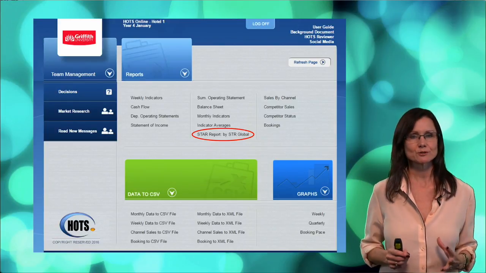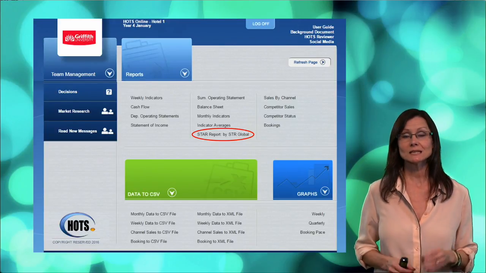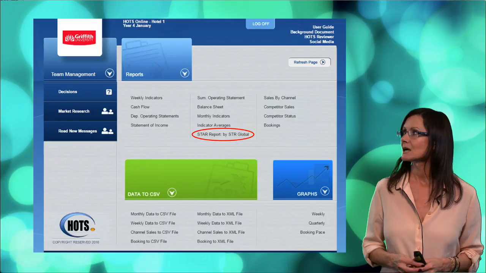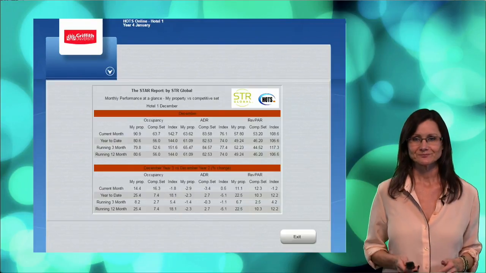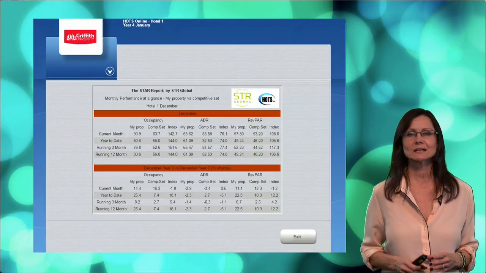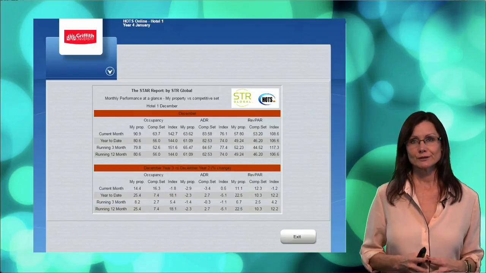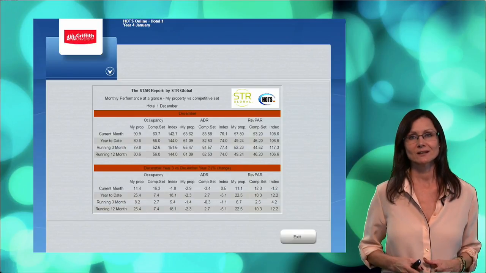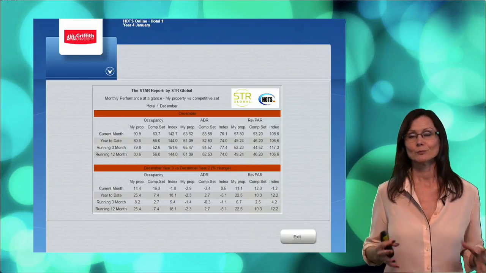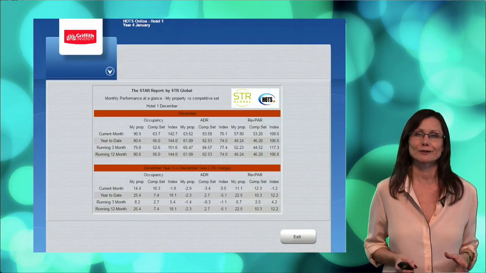Okay, so nice snapshot. So within HOTS, you'll see there, it has the star report by STR Global. And this is what it's going to look like. So it'll actually show you the performance figures of your hotel compared to all the other hotels within your working group of hotels.